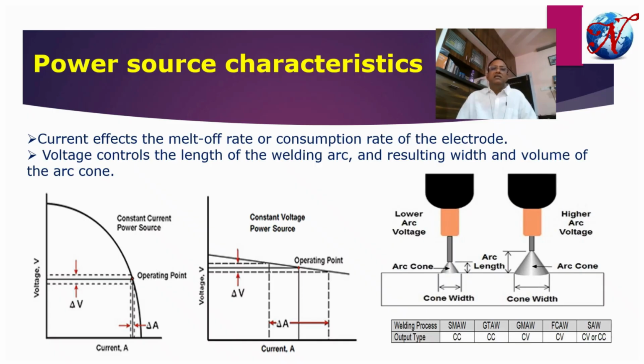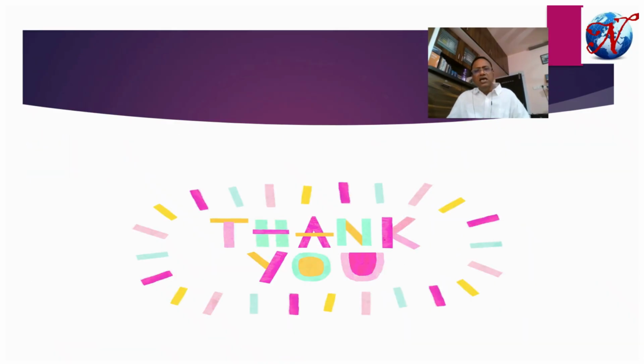Generally, in the characterization of the power sources, current affects the meltdown rate, that is the consumption rate of the electrode, and voltage controls the length of the welding arc, resulting in the width and volume of the arc cone. So these are the general parameters which the welding inspector should know before starting the welding.